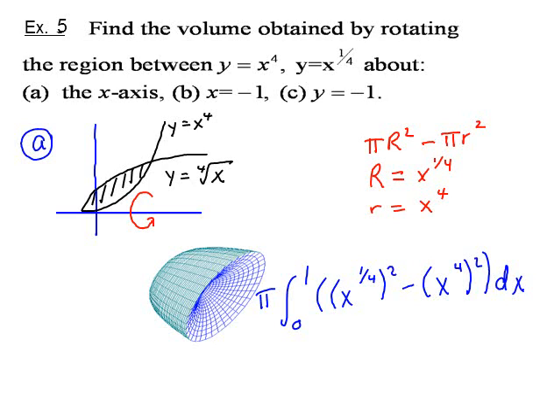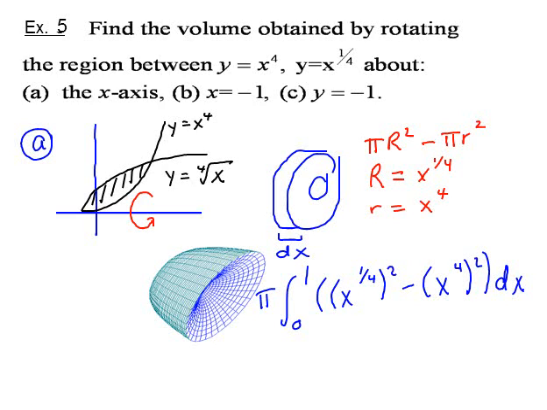In example 5, let's consider the region between the graphs of y equals x to the 4th and y equals x to the 1/4. First, we'll revolve this region about the x-axis. A sample slice shows that we're dealing with a washer with horizontal thickness dx.